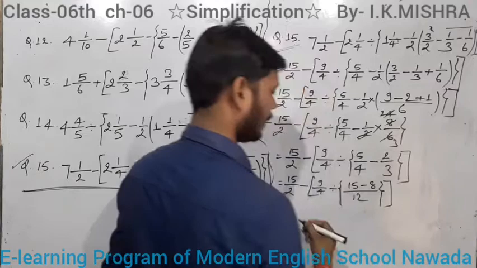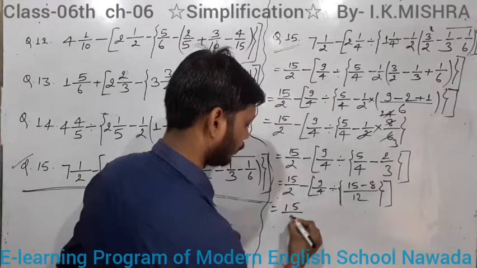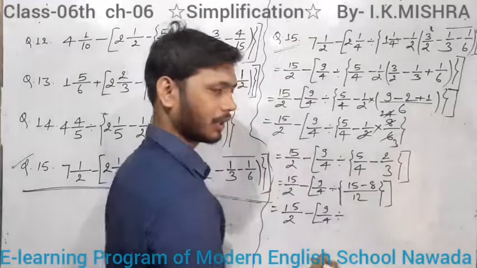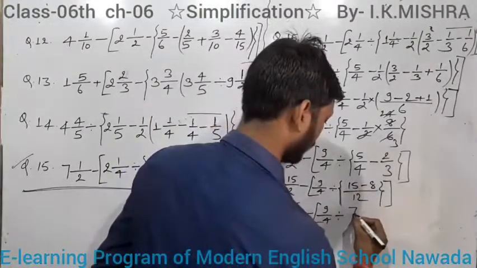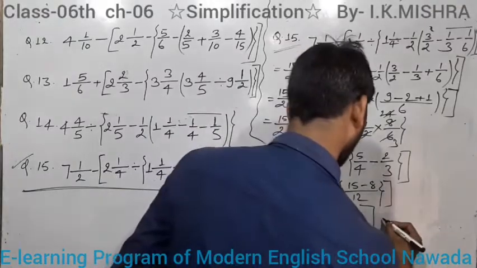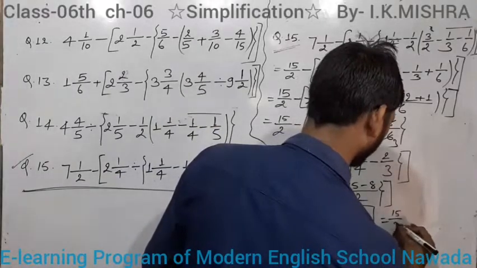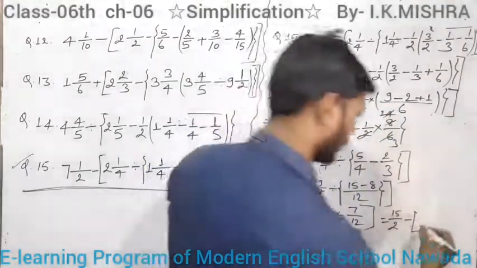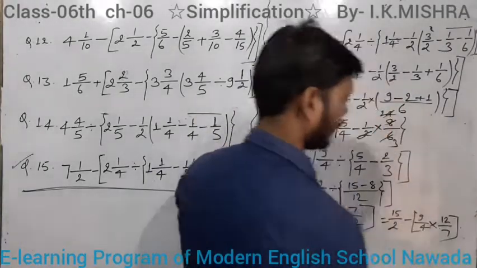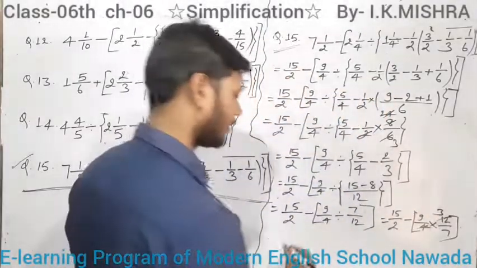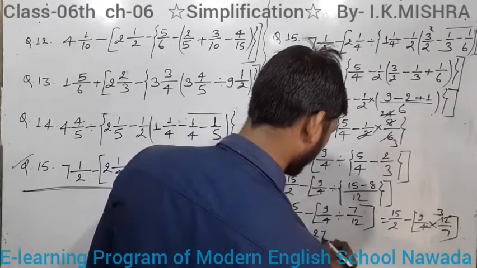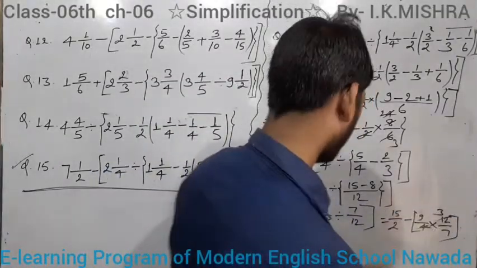Clear? After that 15 by 2 minus 9 by 4 divided by, students, here it changes to 7 by 12, and after that it is equal to 15 by 2 minus, when 9 by 4 is changed into multiplication, then 12 by 7, here 3 times, and after that 15 by 2 minus, its value is equal to 27 by 7.